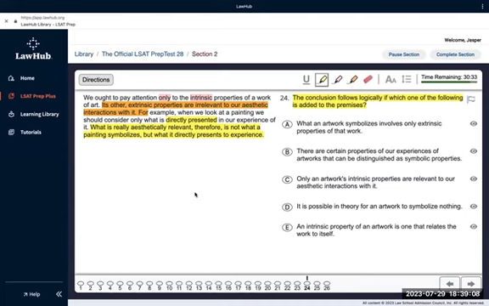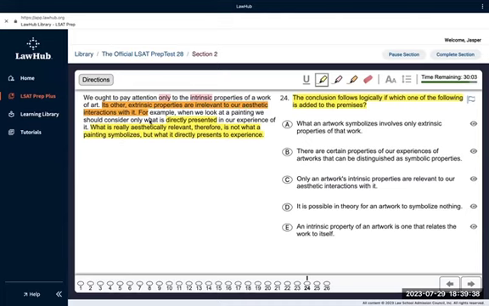And if we look at the statement that's being made, it's saying what's aesthetically relevant, and they mention aesthetic relevance when they talk about extrinsic properties being irrelevant. And then they say it's not what the painting symbolizes.